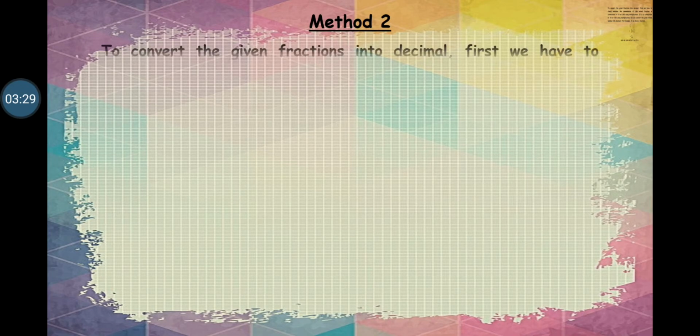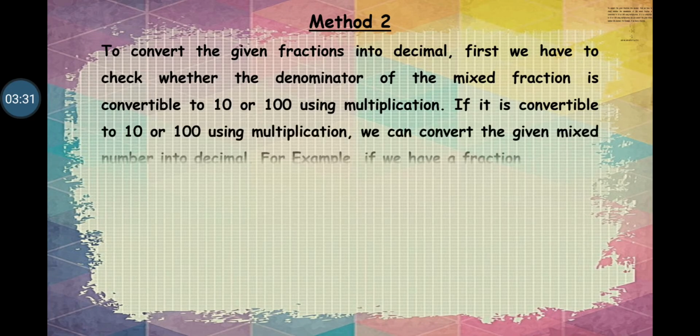Now let's look at the second method. To convert the given fractions into decimals, first we have to check whether the denominator of the mixed fraction or the improper fraction is convertible to 10 or 100 using multiplication. If it is convertible by using multiplication, then we can convert the given mixed number or fraction into a decimal.